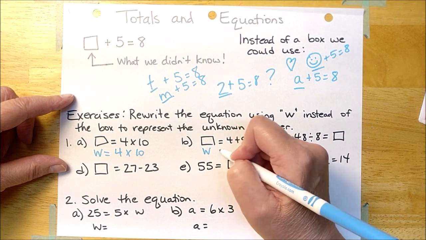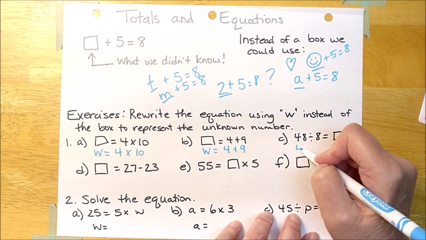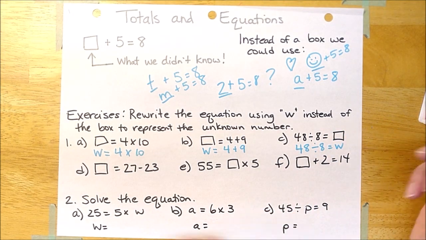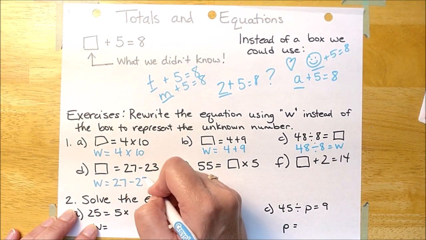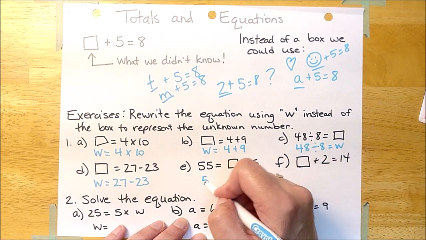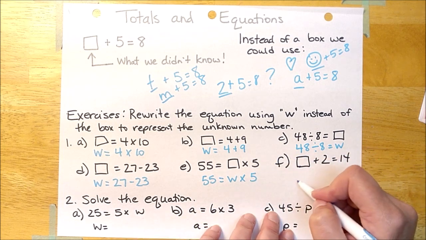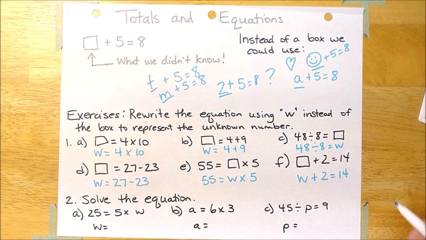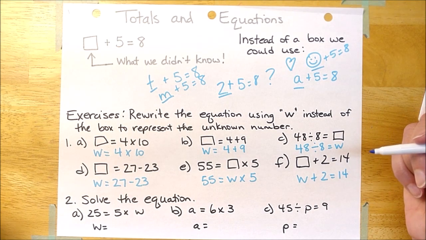W equals 4 plus 9. 48 divided by 8 equals W. W equals 27 minus 23. 55 equals W times 5. And W plus 2 equals 14. So all you did was change the box to a letter. It means exactly the same thing.